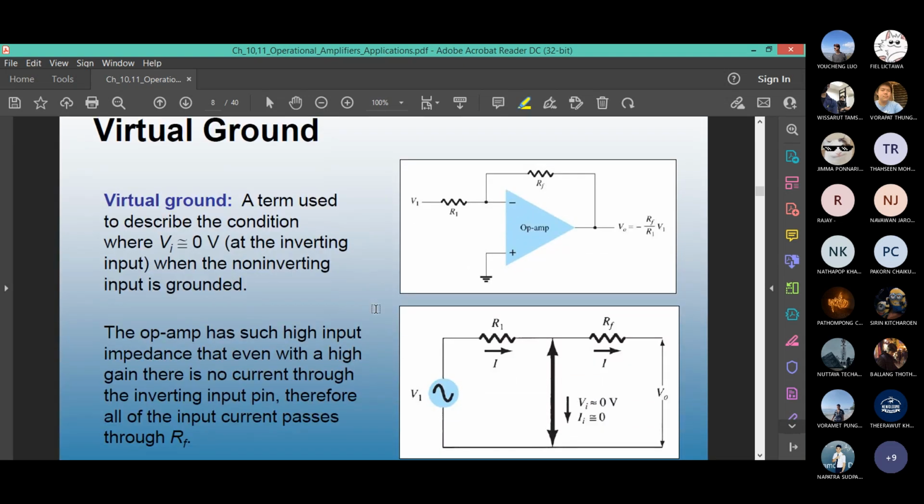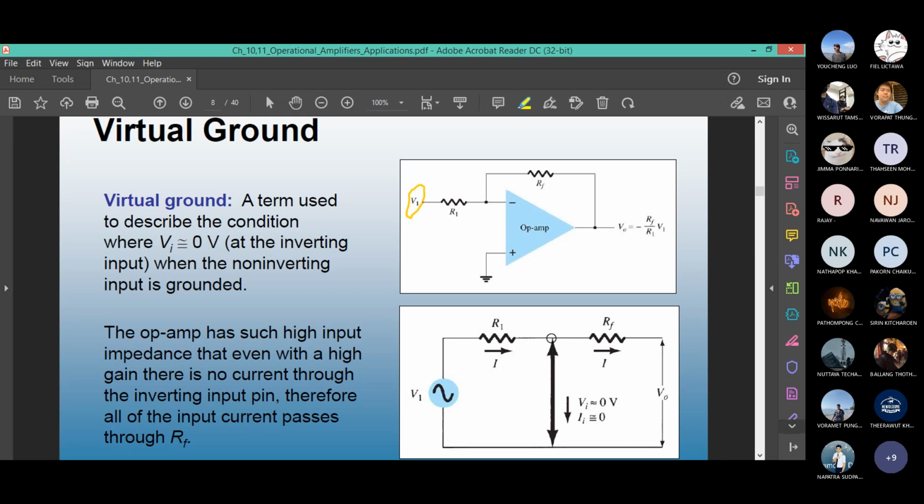Here's the virtual ground concept I used to explain in the class using two different values of voltage. V1 is the voltage at the input side. It is not the V minus voltage. V minus voltage is here, small Vi, in between R1 and RF.